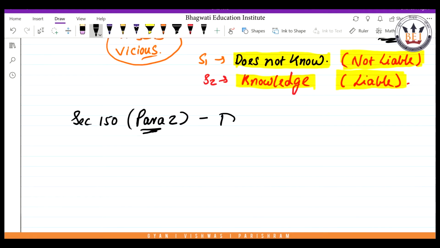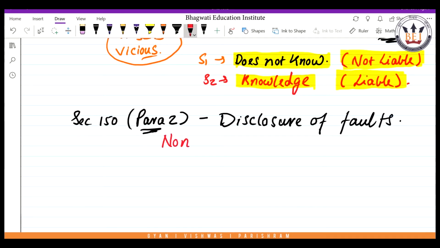Same thing, disclosure of faults, but in this case it is non-gratuitous that we are talking about, yani for reward. Right.